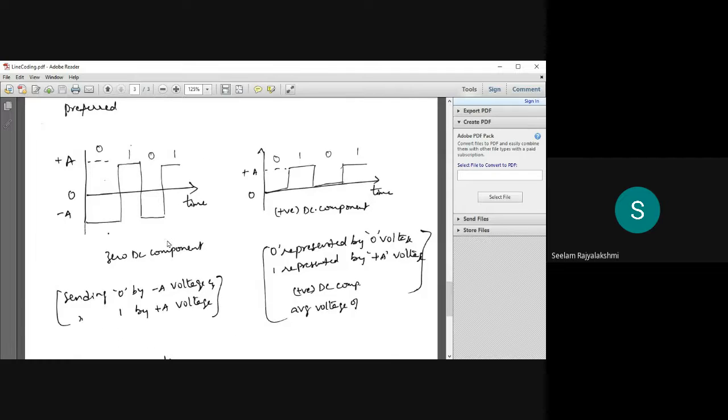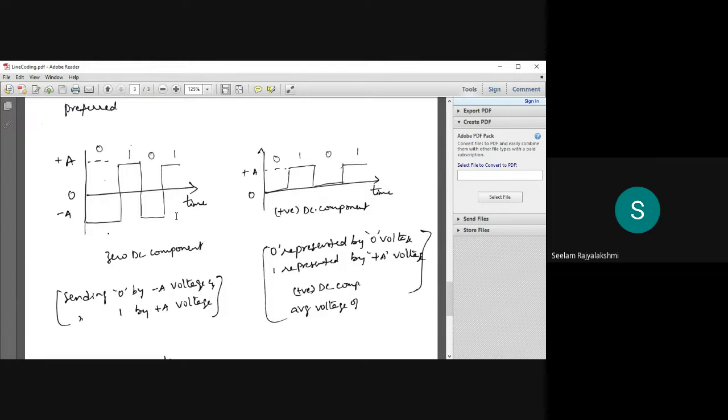Let us consider this as the zero DC component, and this as the positive DC component. Here we have positive voltage 1 and 1, and negative voltage 0, 0.